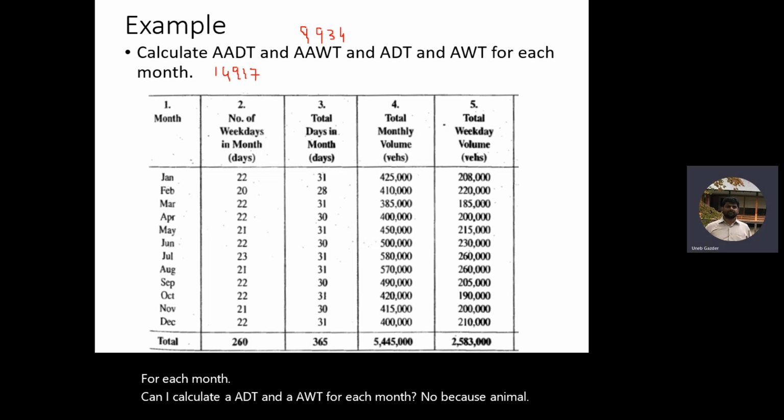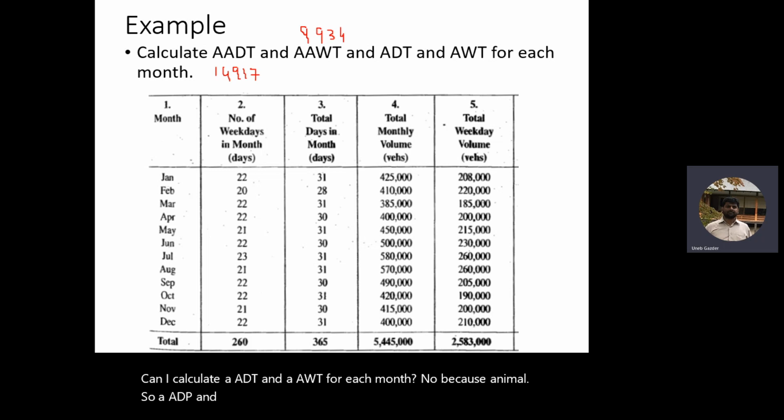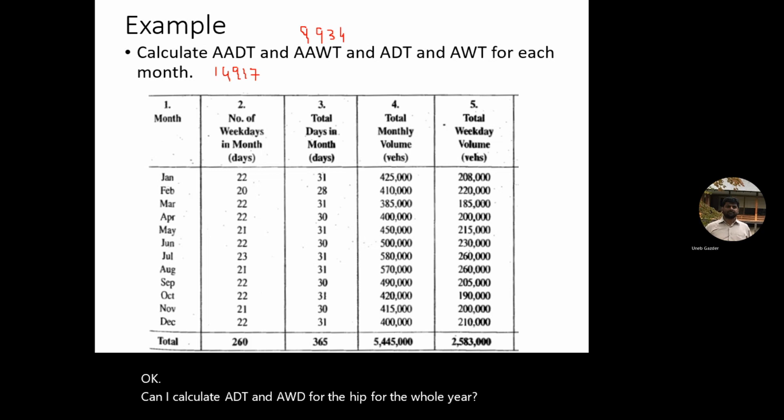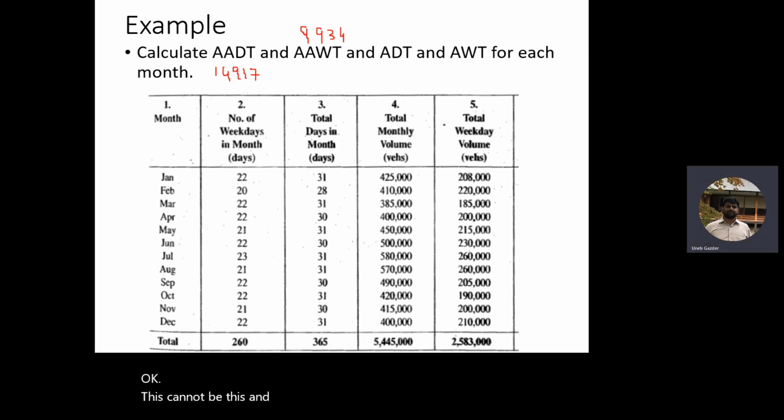So AADT and AAWT cannot be for each month. Can I calculate ADT and AWT for the whole year? This cannot be this and this cannot be this. Clear? So ADT and AWT for each month. Just give me the values for January and you can calculate the rest of the values.